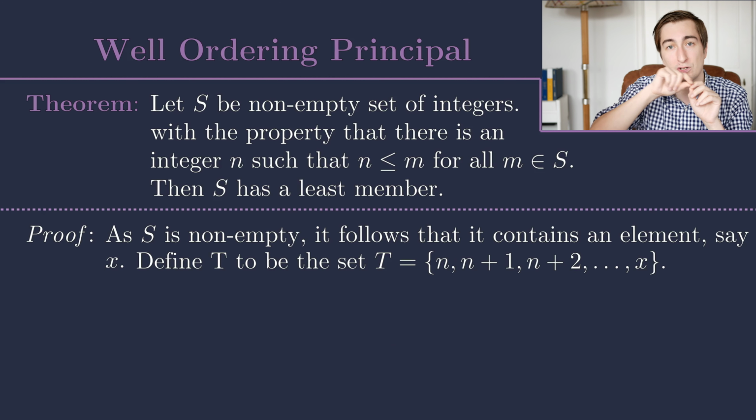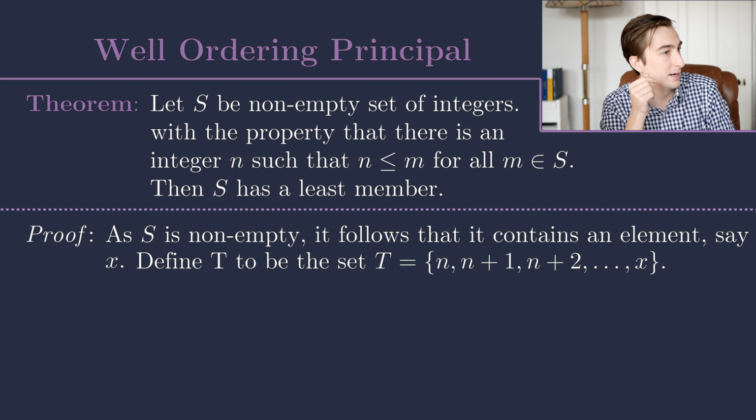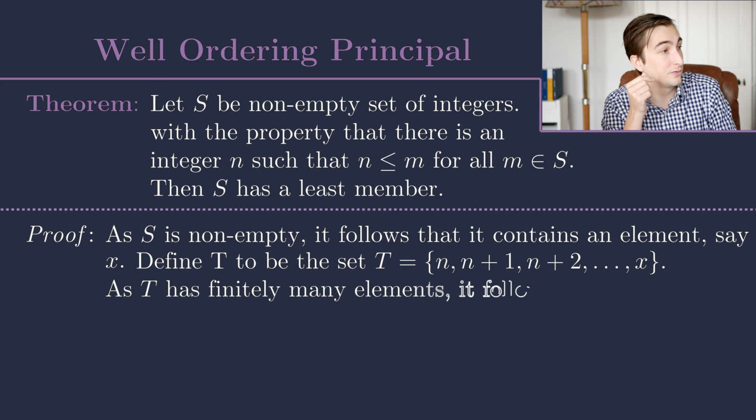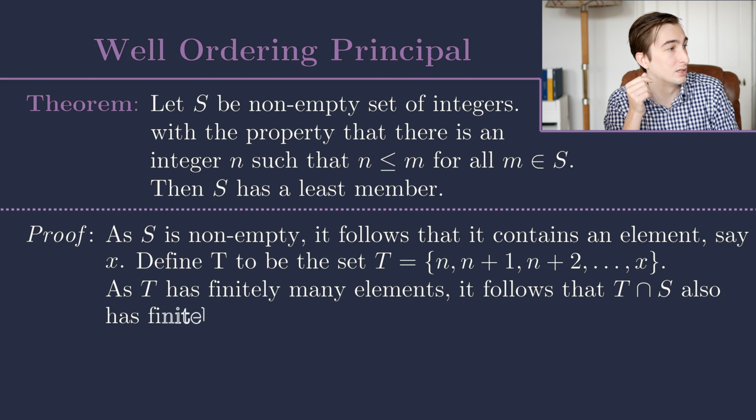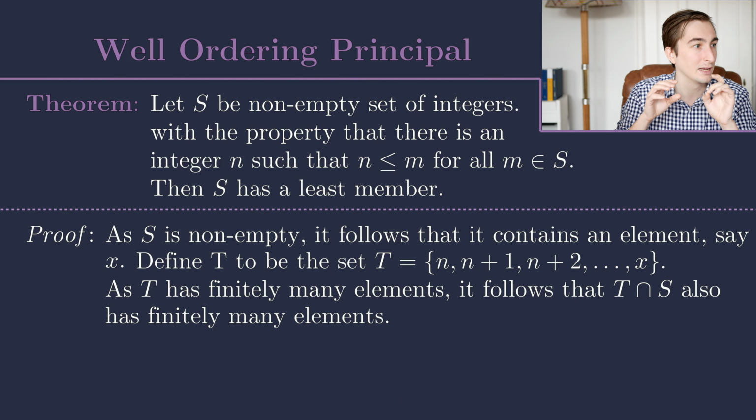Each successive step is just adding one, because we're only looking at the set of integers in this case. Now, as T has finitely many elements, it follows that the intersection has finitely many elements. Well, that follows immediately by just thinking about intersections, right? If I have one of the sets in my intersection that has finitely many elements in it, then the intersection must have finitely many elements.